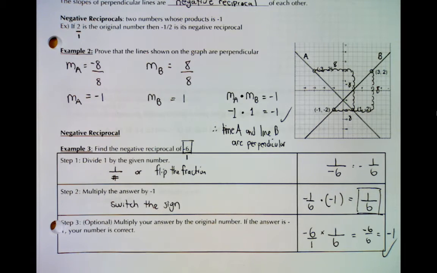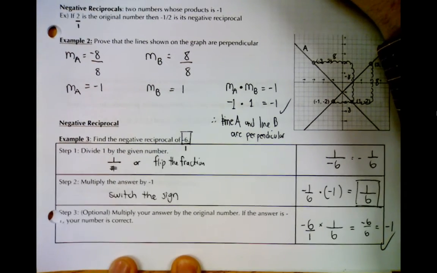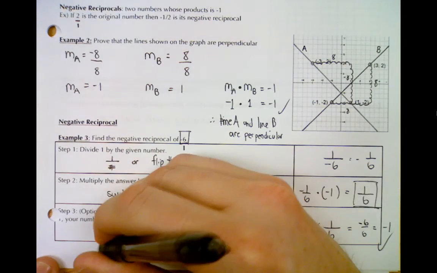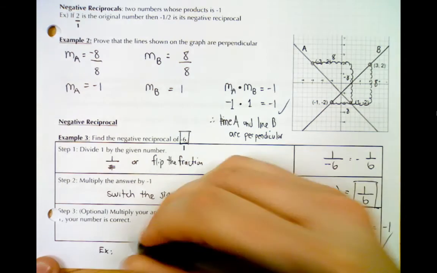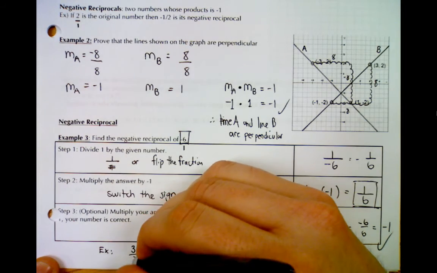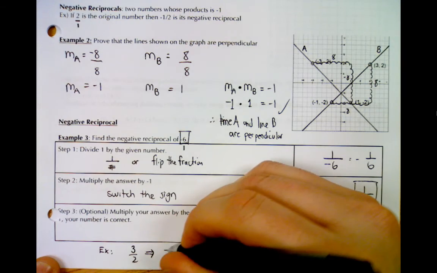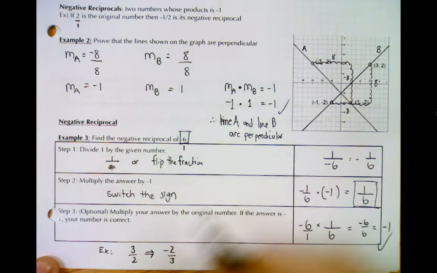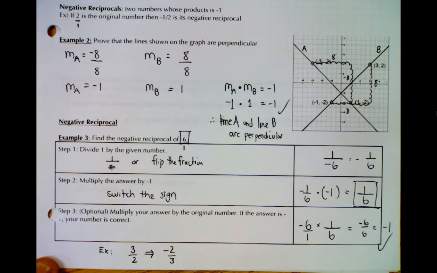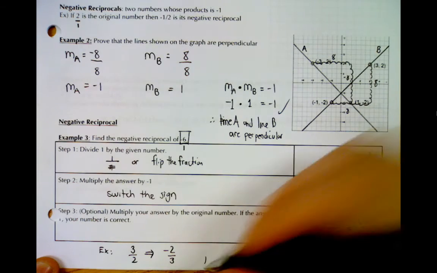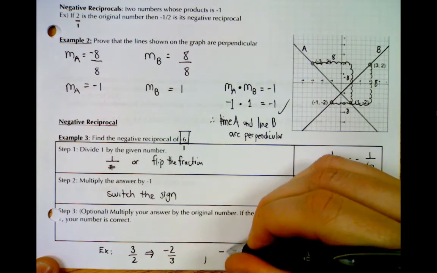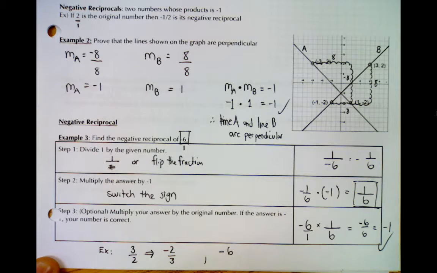So here's another example of negative reciprocals, I'll show you really quickly. If we had 3 over 2, the negative reciprocal of 3 over 2 would be negative 2 over 3. Flip the fraction, change the sign. I'll do another one. If we had negative 6, we just did that example. That was silly.